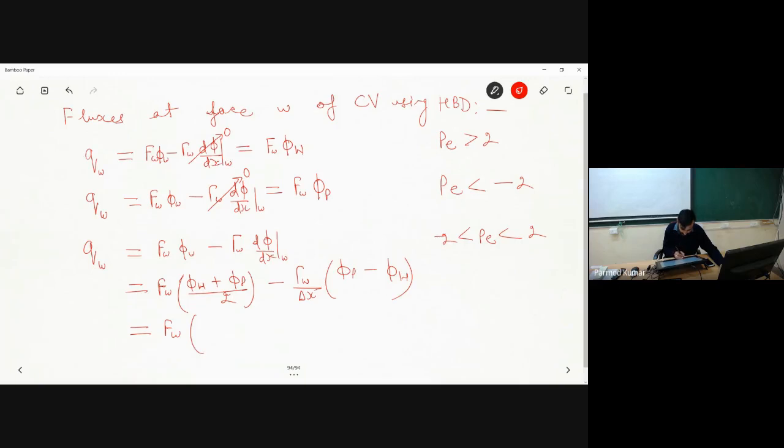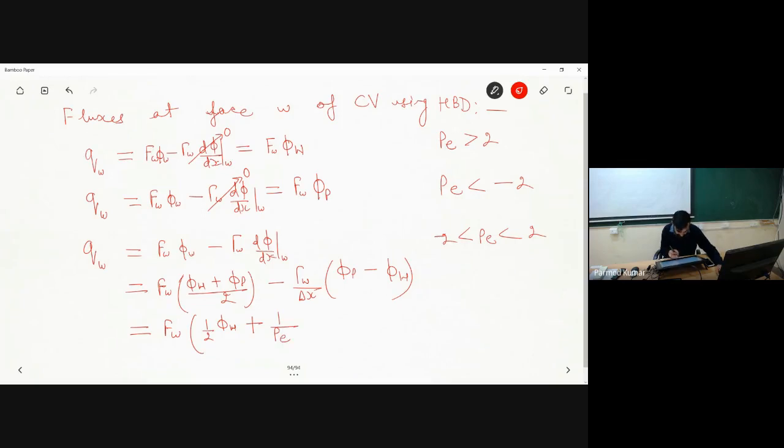If I take FW common, I will be getting 1 by 2 into phi W, and this will become DE, and DE by FW will become Peclet number. So it will become plus, minus minus plus, it will become plus 1 divided by Peclet number.